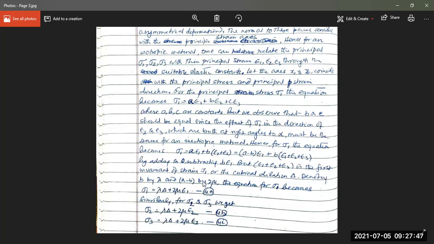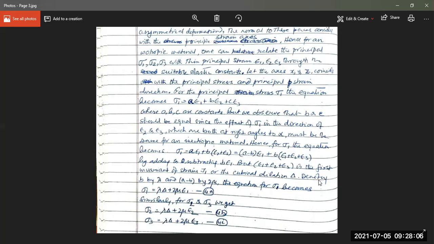But epsilon 1 + epsilon 2 + epsilon 3 is the first invariant of the strain J1, the cubical strain, or cubical dilatation delta.